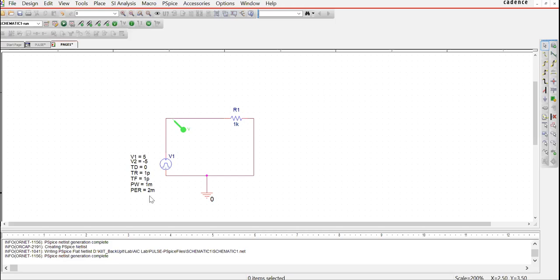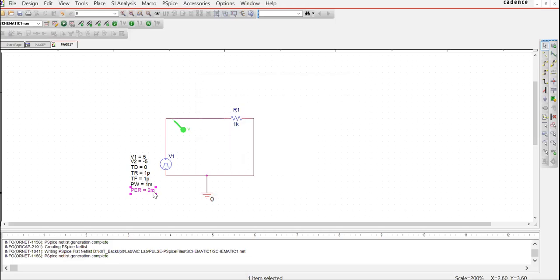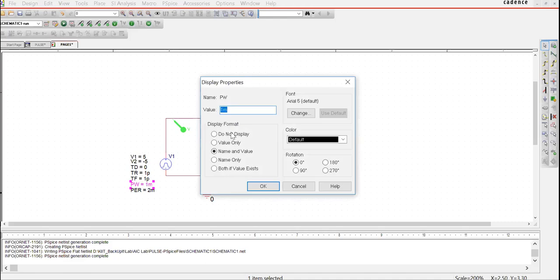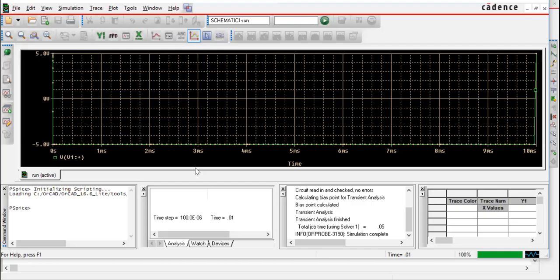Now let's make it 4 milliseconds, or let's say 2 milliseconds. Now let's see what changes we'll get. I think you can guess what changes we're going to observe here. Got it, right?